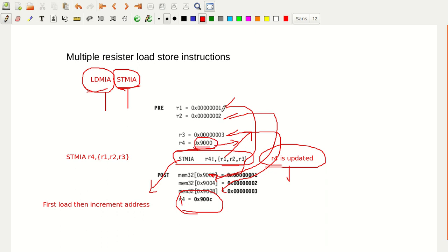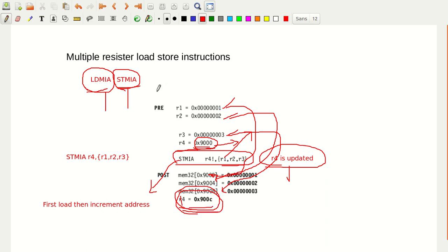First you take 1, load it to this address, then increment the address by 4. Next you put this value into 9004, then increment again by 4. Then you put 3, then increment by 4. So finally what you get in R4 is 0x900C, because it has been updated three times: 0, 4, 8 and C.